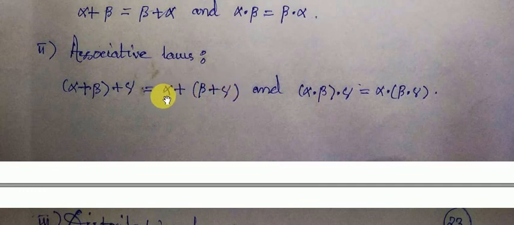Similarly, alpha into (beta into gamma) is equal to (alpha into beta) into gamma. Here alpha has been taken outside the parenthesis, and the outside member gamma has been taken into the parenthesis. This is the associativity for multiplication.